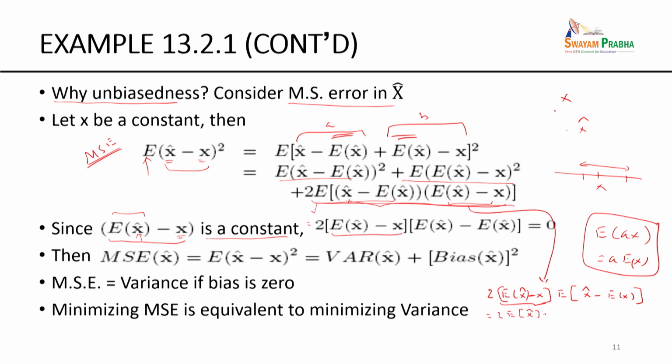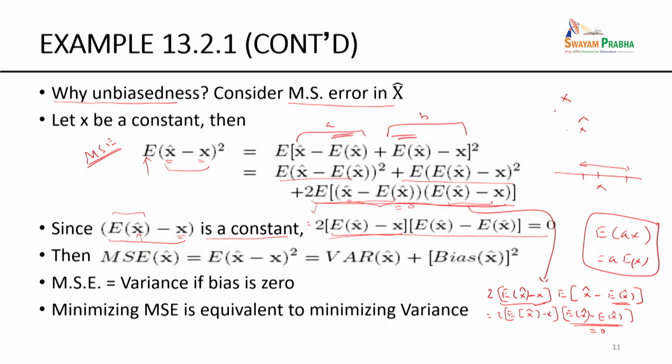E of x hat is already a constant, and the expected value of a constant is itself. So this is E of x hat minus E of x hat. These two are equal, therefore this is 0. I am going to multiply it by 0, so the second term becomes 0. That's the argument here.